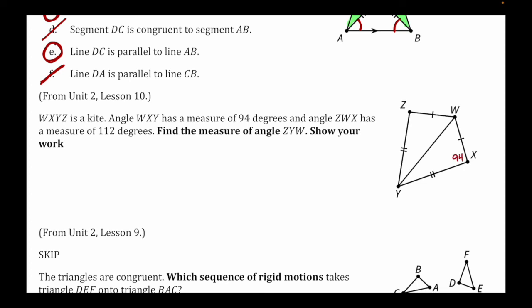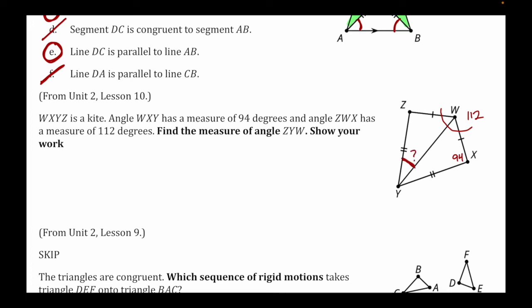This is 94 degrees. And ZWX, this one here, I'm going to put a line kind of all the way through it, just to mark that I'm talking about the whole thing, is 112. Now they want to find ZYW. So the one they're asking us to find is this down here at the point.